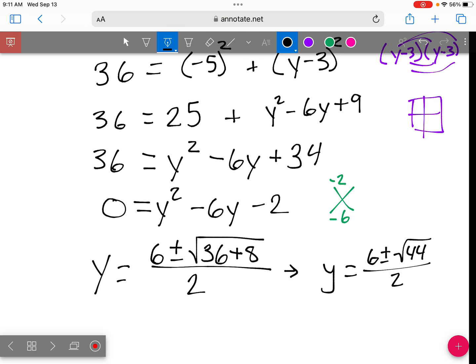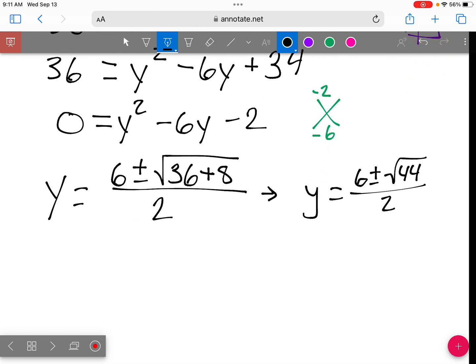We gotta simplify it. Y equals 6 plus or minus 2 square root of 11. Because we're going to divide the 4 out. 4 times 11. Square root of 4 is 2.